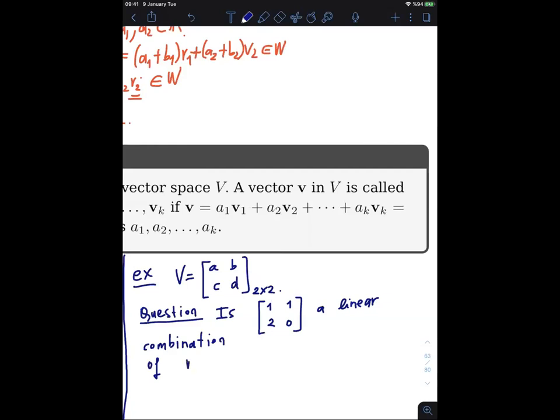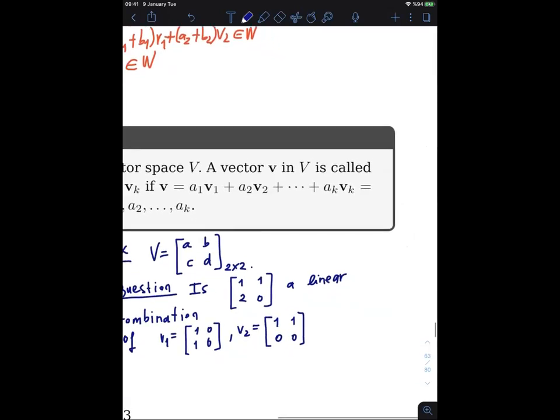of the first matrix V1, which is 1, 1, 0, 0, and the second matrix, which is 1, 1, 0, 0.